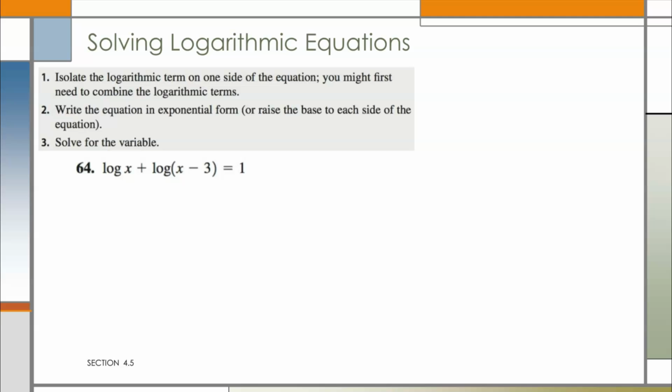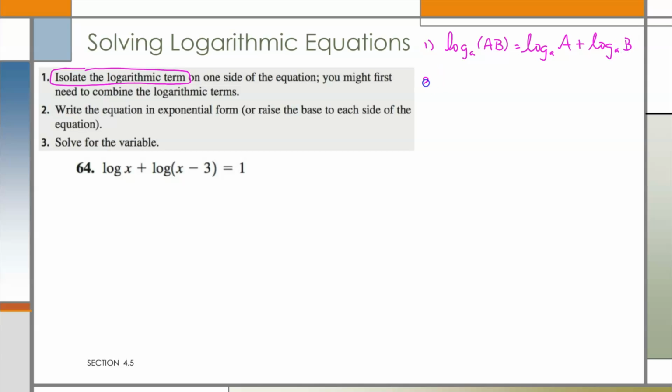To solve an exponential, we isolate the logarithm on one side of the equation. Remember, sometimes we might first use the laws to get them into a single logarithm. Law 1 said log base A of AB: if we're multiplying, we can separate with addition.